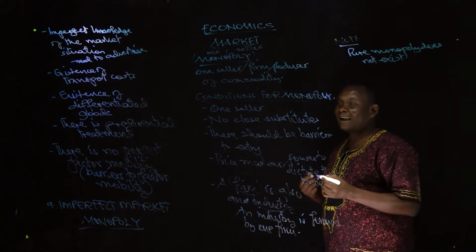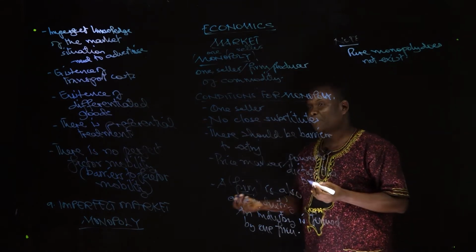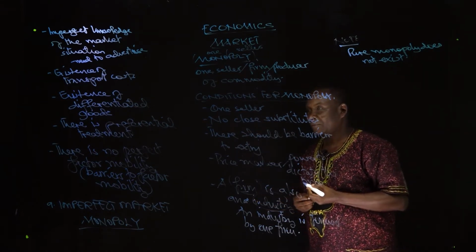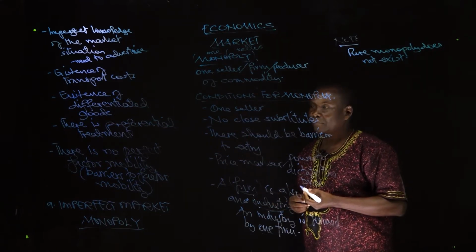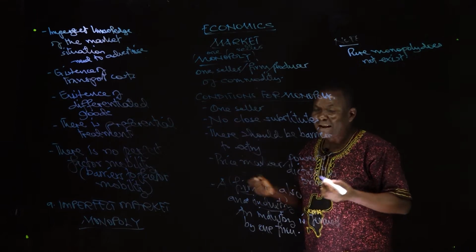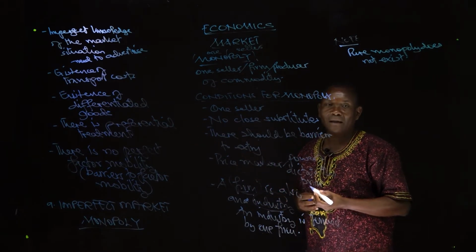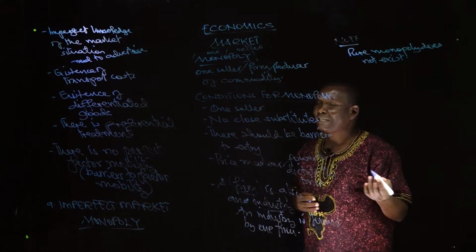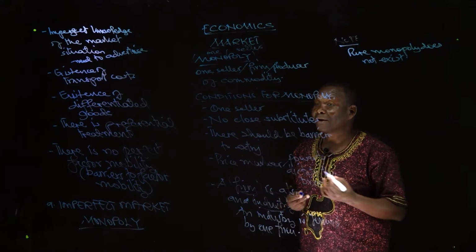I said if we take an example of TANESCO, what does it produce? Electricity. For what? Lighting. For heating. But one can cook without using electricity, can cook with kerosene or charcoal. One can use candle.